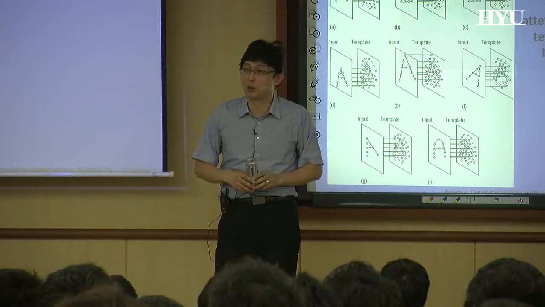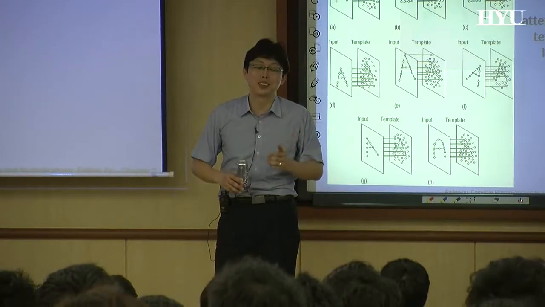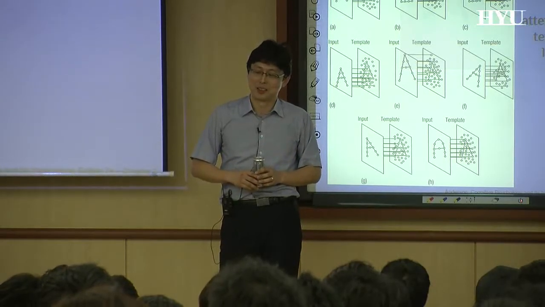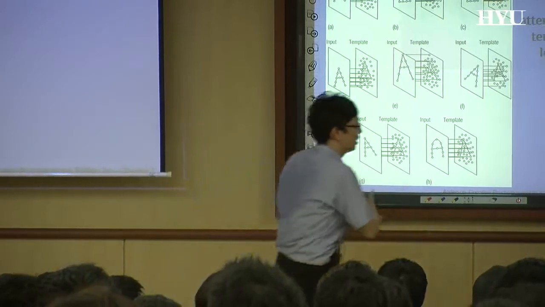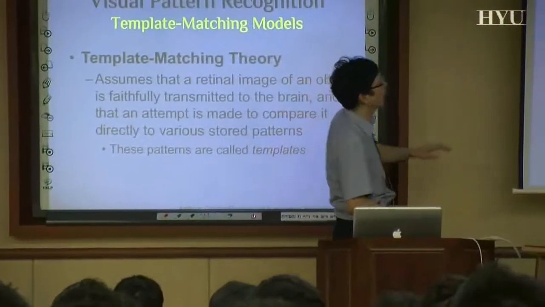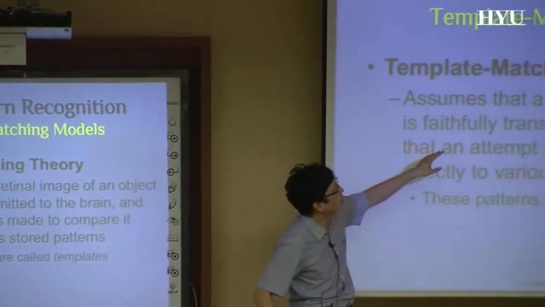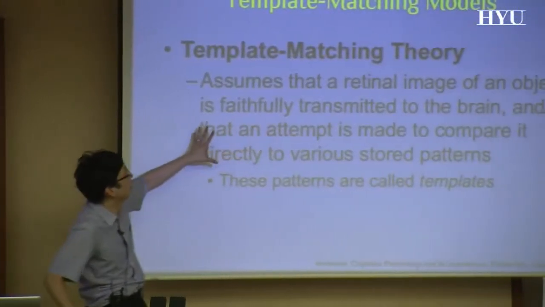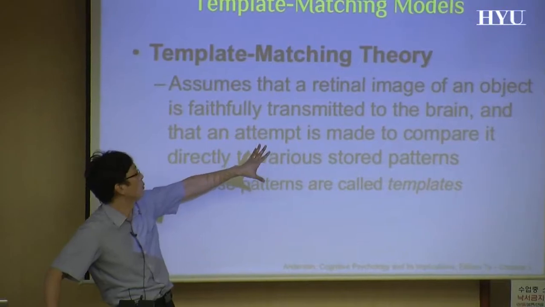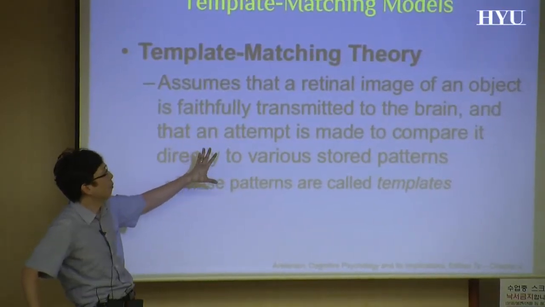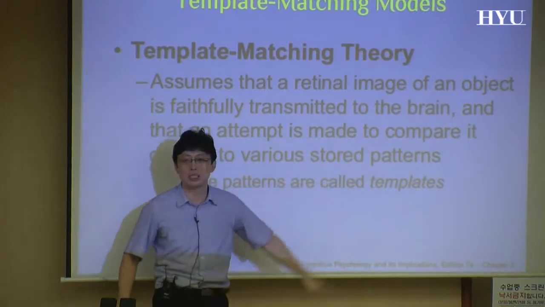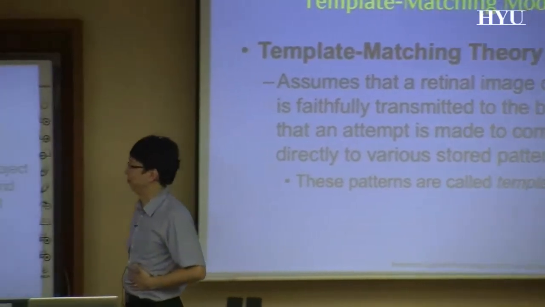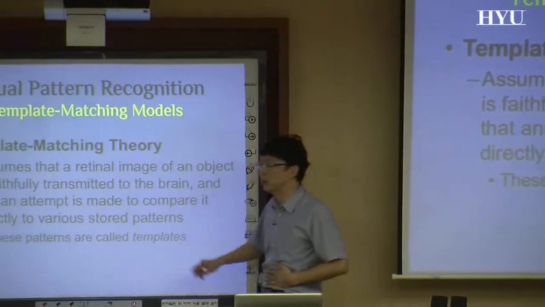But that is the only way we can give intelligence to the robot. That is template matching. So, going back to the theory: assume that the image of an object is transmitted to the brain and an attempt is made to compare it with stored patterns in your brain. This pattern is called a template.